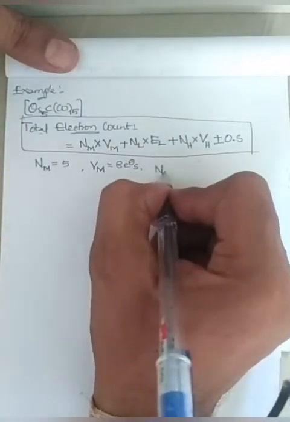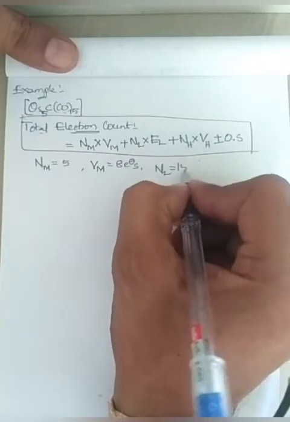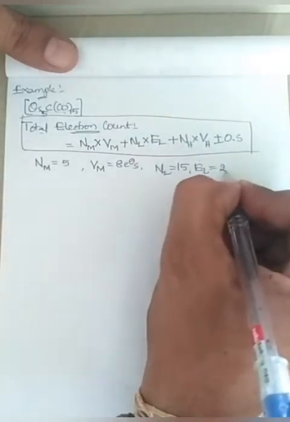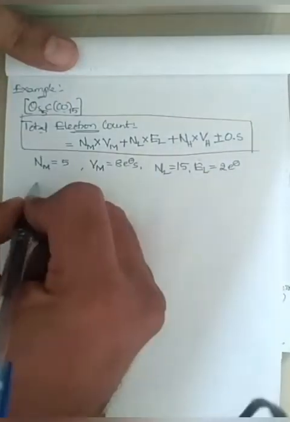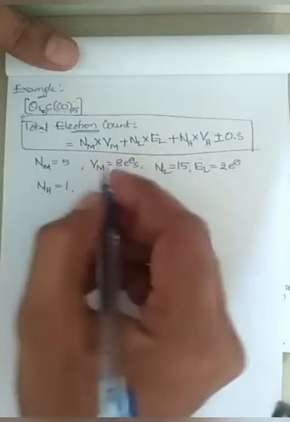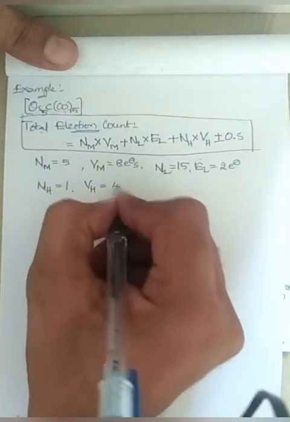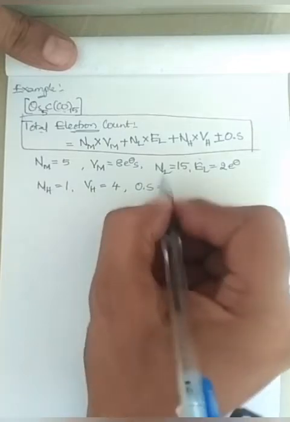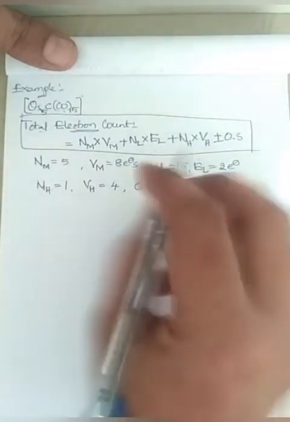The number of ligands: here it has 15 carbonyls, so 15 ligands, and the electrons donated by ligands are 2 each. Each carbonyl donates 2 electrons. The number of heteroatoms is 1, that is carbon, and the carbon valency is 4. And the oxidation state in the coordination sphere is 0.